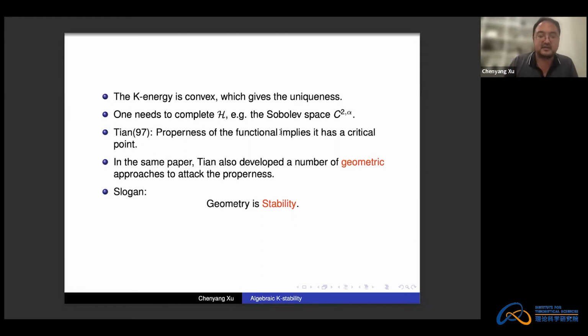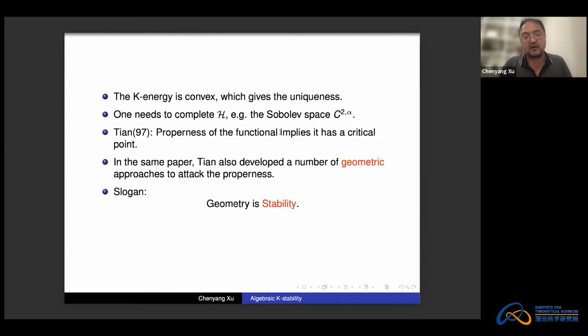So in other words, Tian developed some stability type condition to say that they imply properties and therefore they imply the Kähler metric, and also the other way. The Kähler metric implies those stability conditions, which I will go into more details later.